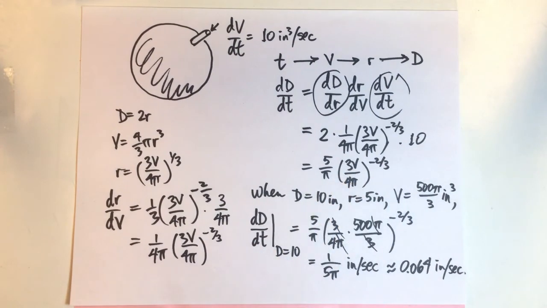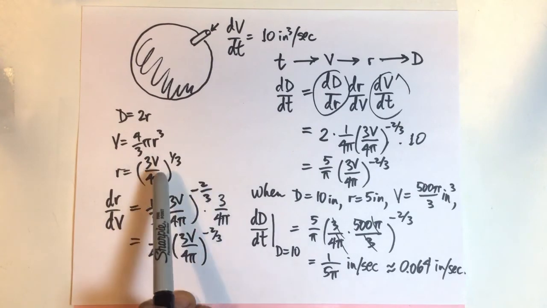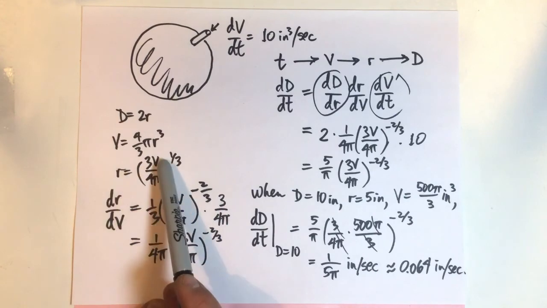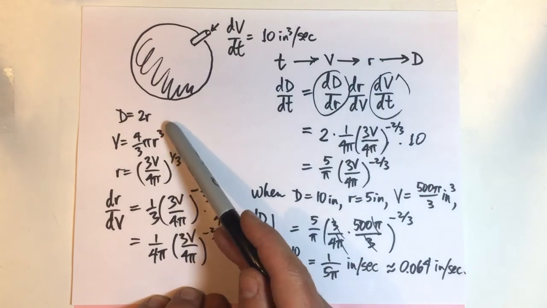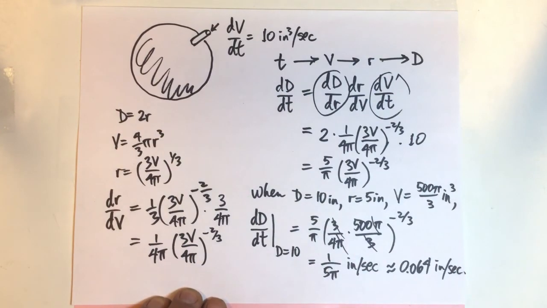What is important is to try to write the variables in such an order that you can easily take the derivative by the formulas that you have available here. We gave ourselves more work to do by having to write r in terms of V as a 1/3 power. If you had it the other way around, then you would be dealing with a derivative of a cube. That would be much nicer. But we have the same answer, so lesson learned.